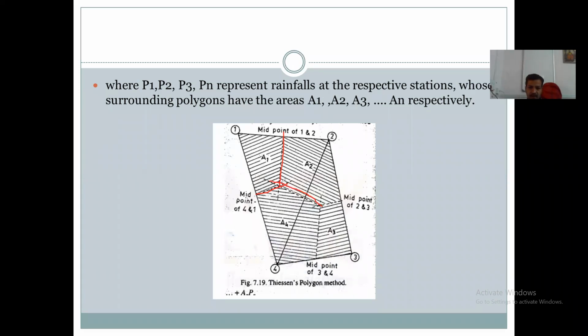This is a bisector, and the midpoint comes in between. A triangle is formed, 1, 2, 4. On its sides, from the midpoint of 1, 2 a bisector is drawn, from 2, 4 a bisector is drawn, and from 1, 4 a bisector is drawn. They will join at the center point.